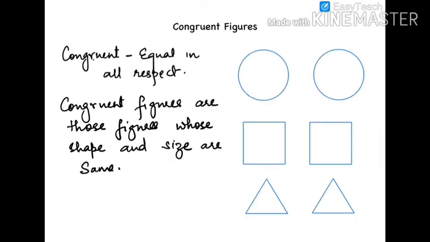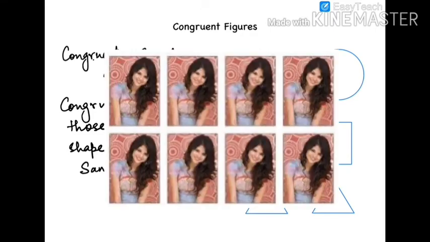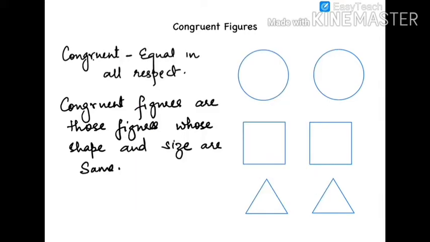Another example could be copies of photographs that you give for developing. So if you ask for 8 copies, all of them will be identical and hence congruent.